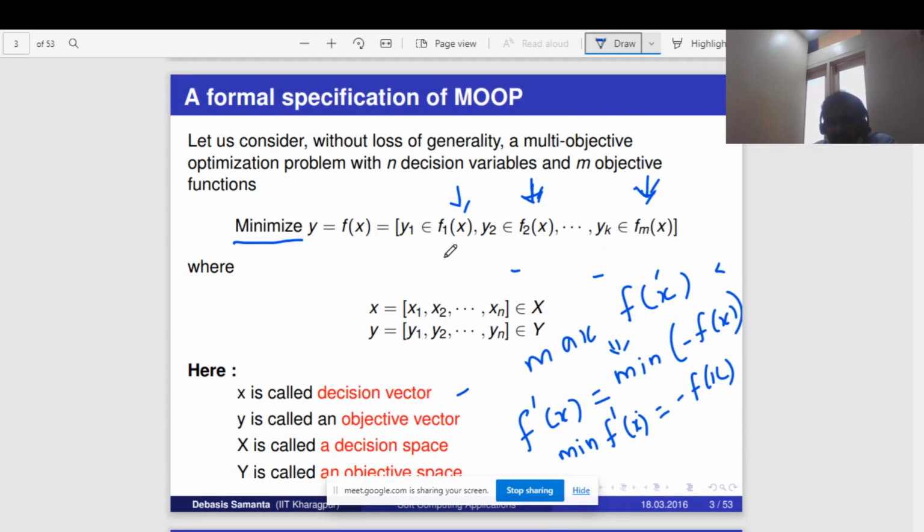Here there are two parameters you can see, one is x, another one is y. x is the input, this is the input f(x), and y is the output. These are the things we have to decide.